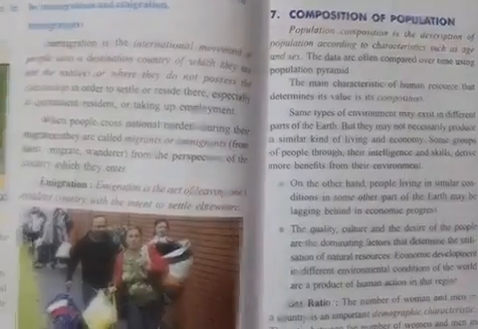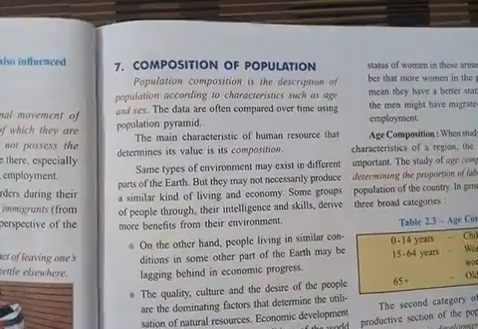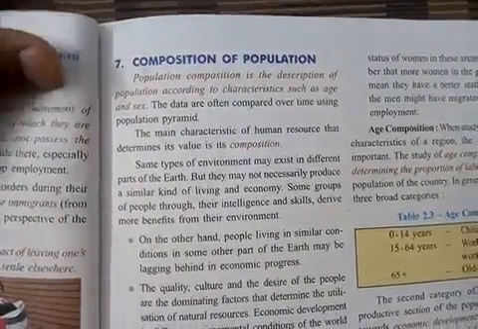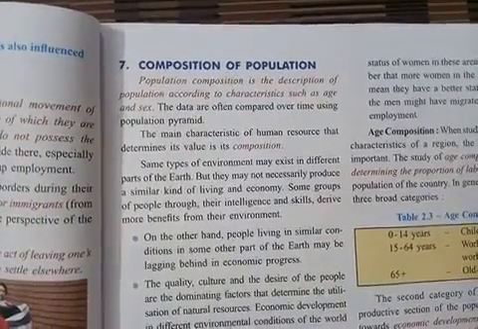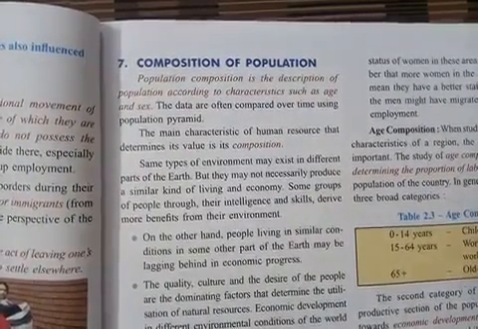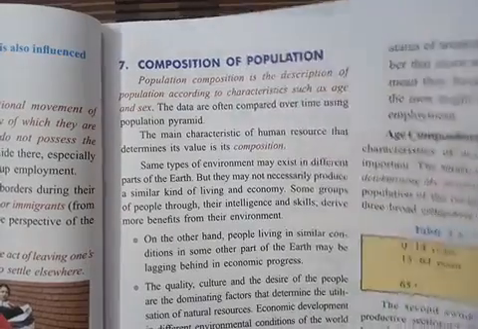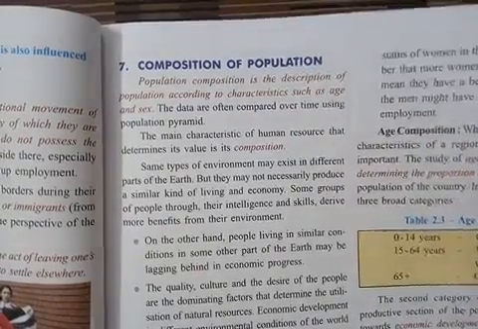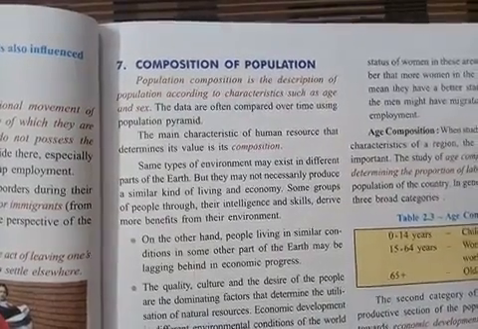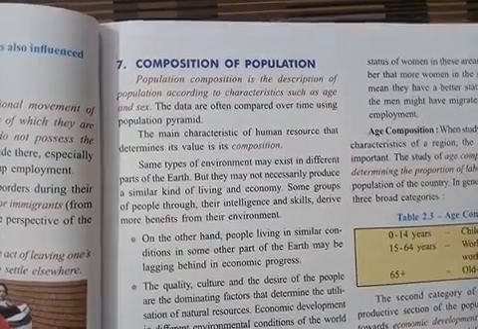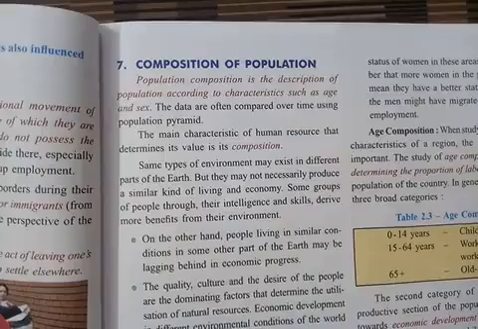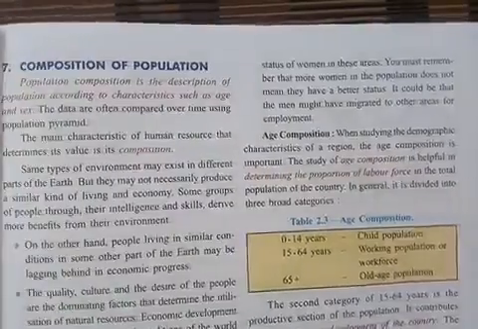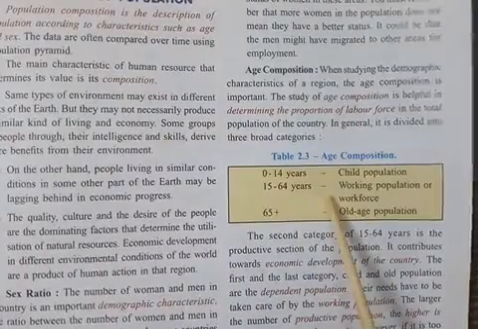Now let us see the composition of population. If you look here, the population has many different classifications. It can be classified first of all into male and female population. Second, it can also be categorized into different age groups.